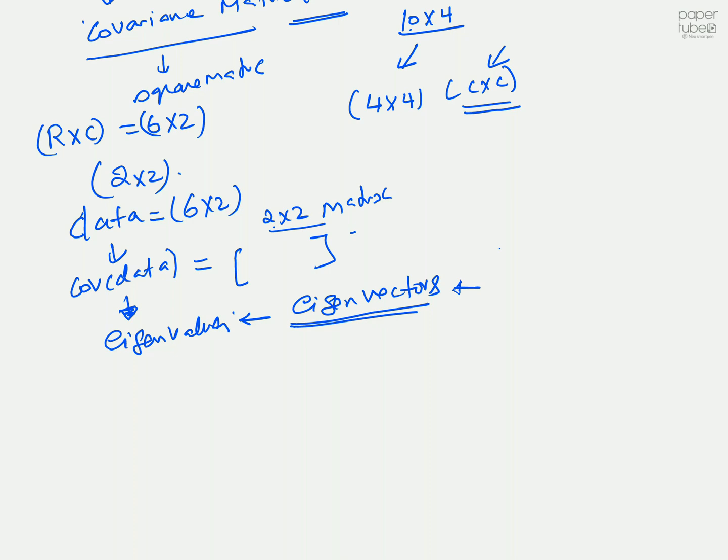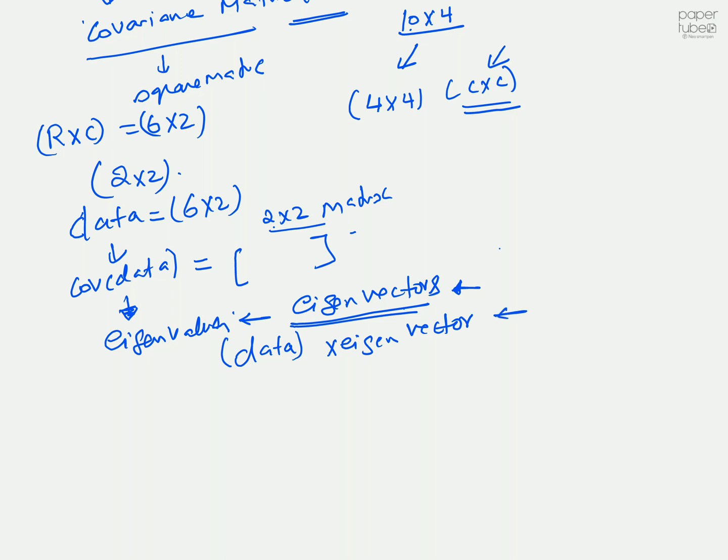This is something that we will check now. And then you take that eigenvector, and then you take your actual database, which we named as data, you multiply it by eigenvector, so that should give your principal components.